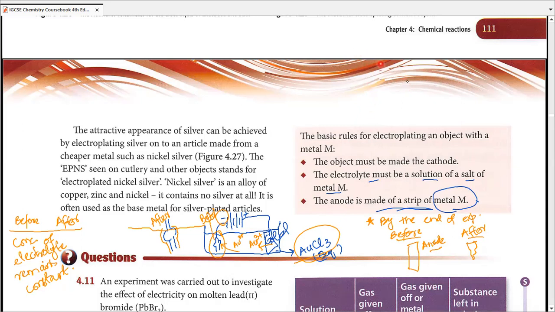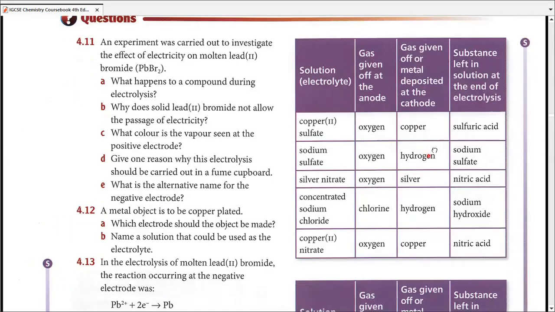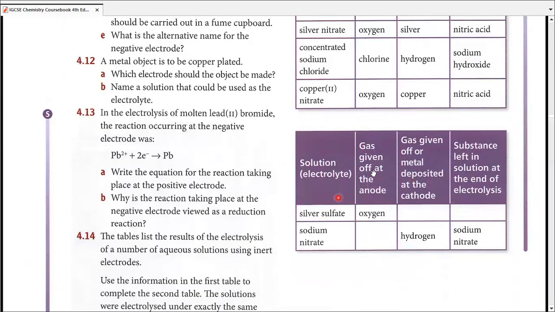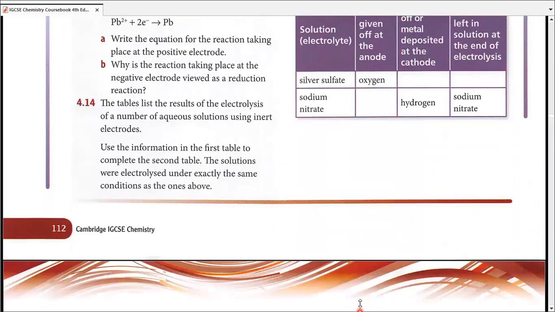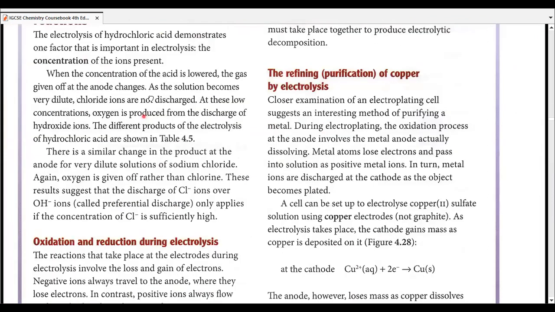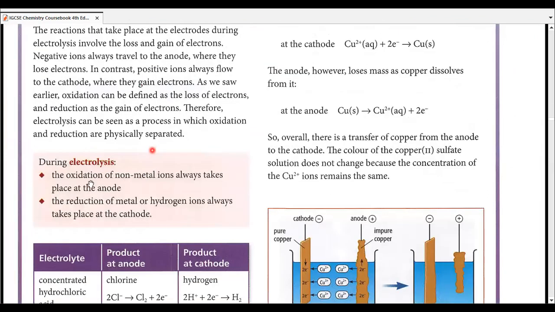Okay, getting back to it. So these are the questions that are all a part of electroplating, paper 2, paper 4, paper 6. Okay, the most important of the stuff for aqueous solutions has been given in this table right here. Then next, if we continue, if we look at the electrode reactions, then there is oxidation of usually non-metal ions taking place at anode.